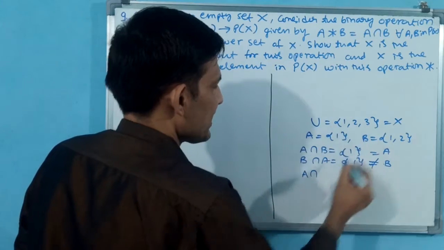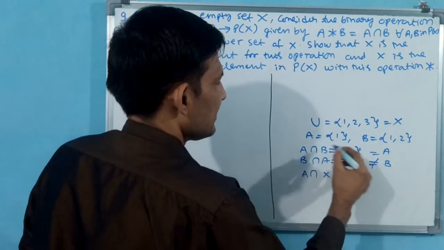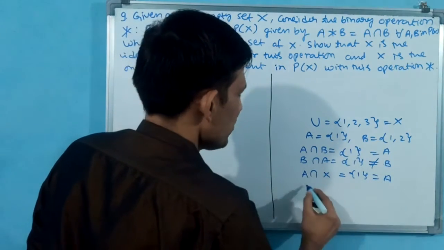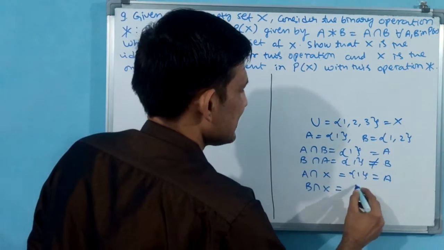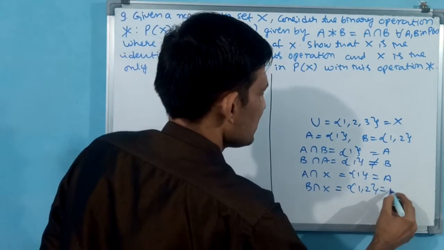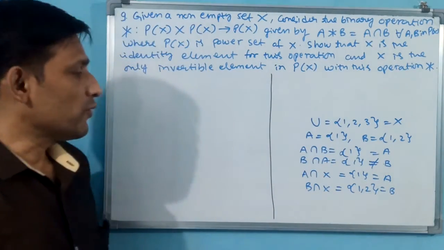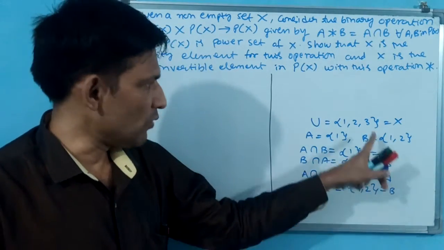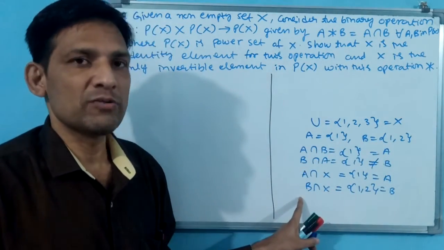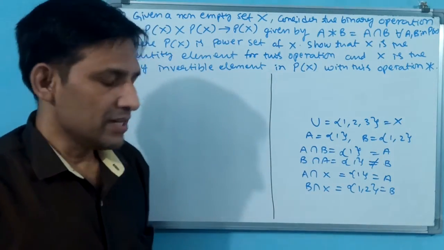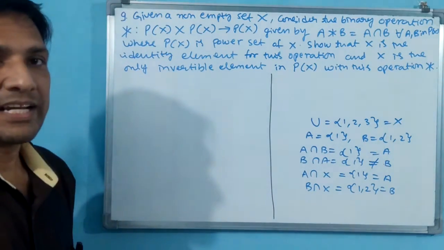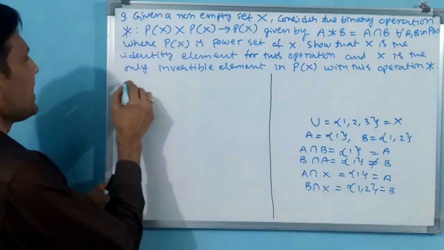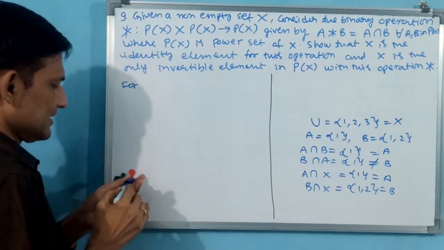A intersection X: 1 will come, that is equal to A. B intersection X: {1, 2} will come, that is equal to B. Even if you take C intersection X also, that C will come. We have taken only 3 elements, with the 2 only we are doing. By this, what are you able to understand? See, here I am writing identity. For identity.